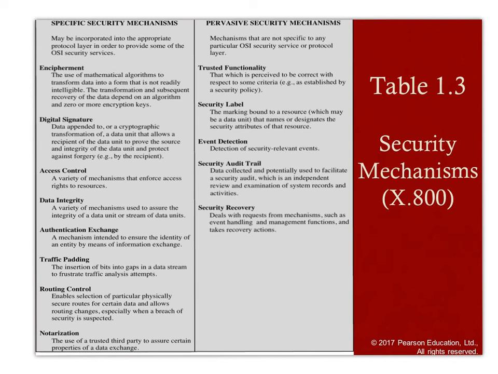Access control. We said access control refers to a group of mechanisms which provide the access control service. So, in my opinion, it should not be a mechanism actually, because access control itself is a service, but it requires a bunch of mechanisms.